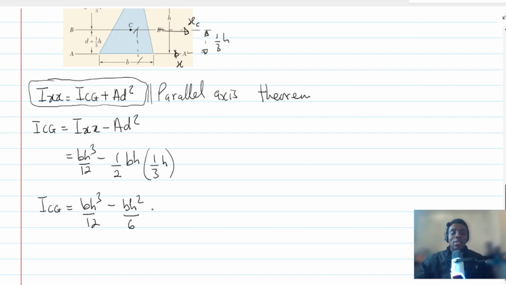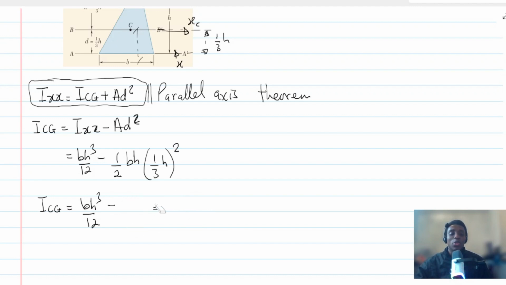So let's try and simplify this. I think there's a mistake that we did. It's actually the distance squared.